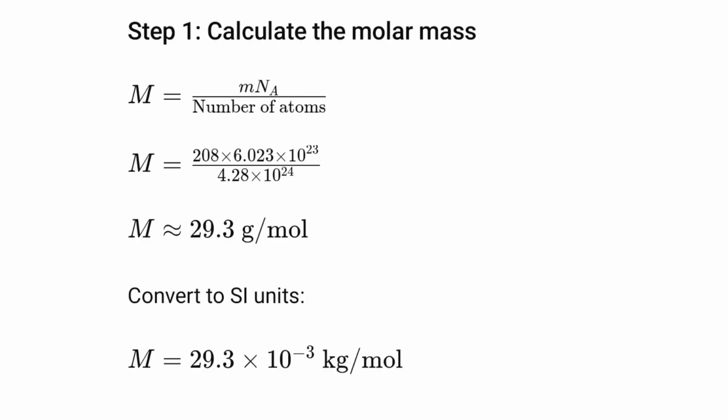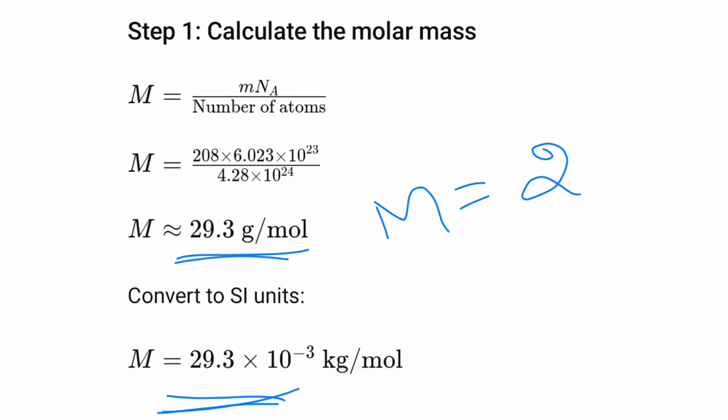Substituting, we get this value. Converting to SI units, molar mass equals 29.3 into 10 raised to minus 3 kg per mole.